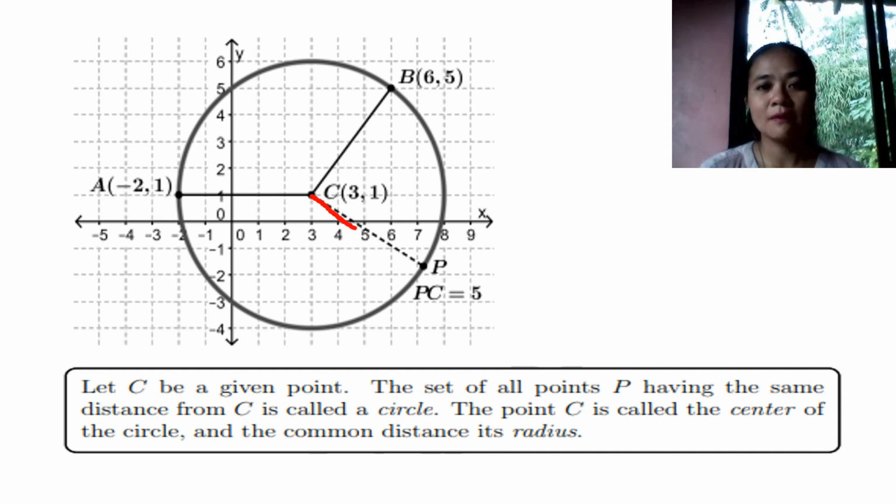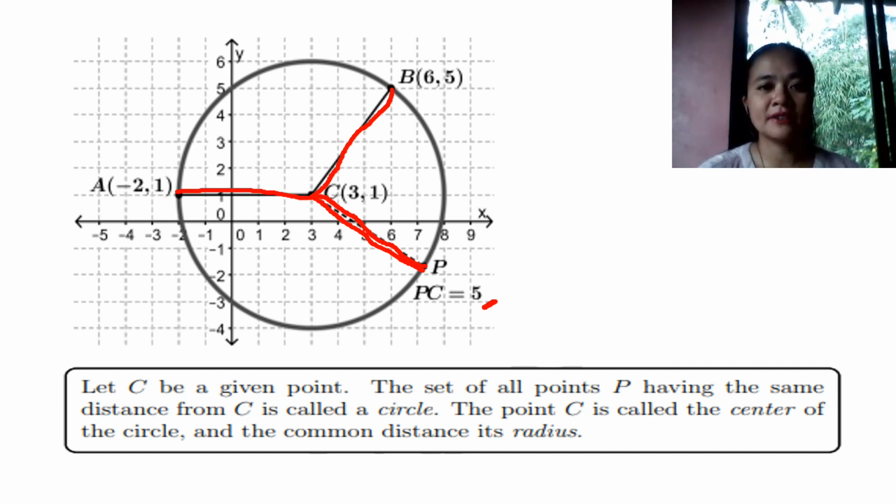We have here the segment PC, which is our radius, also BC, another radius, and AC. The distance from the center to a point on the circle is 5. So that is the radius.